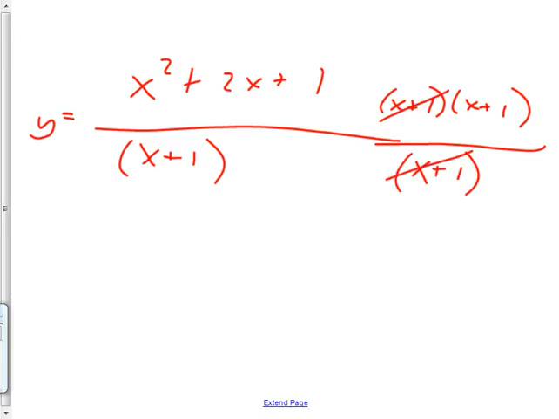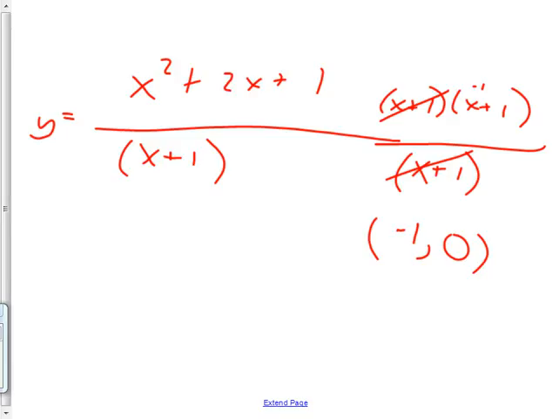A hole. The holes are always a point, like something comma something, and it's negative 1 comma, and then I put the negative 1 back in here, and it would make it 0. Negative 1 comma 0.